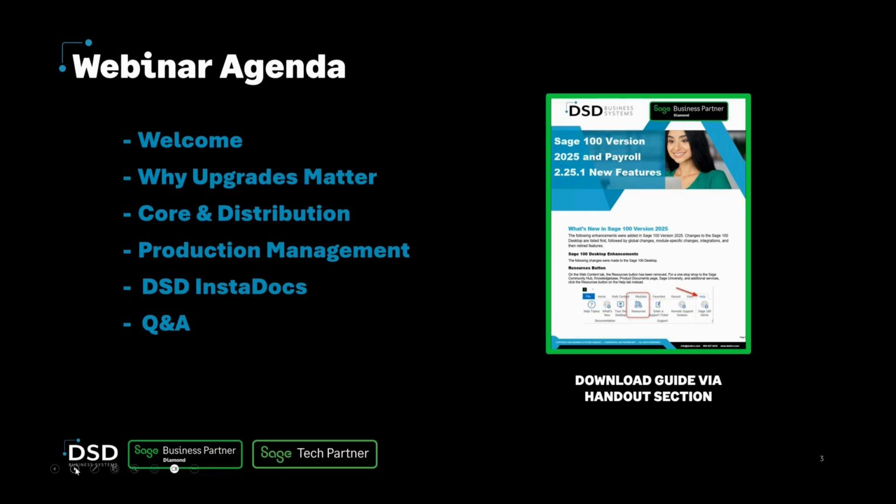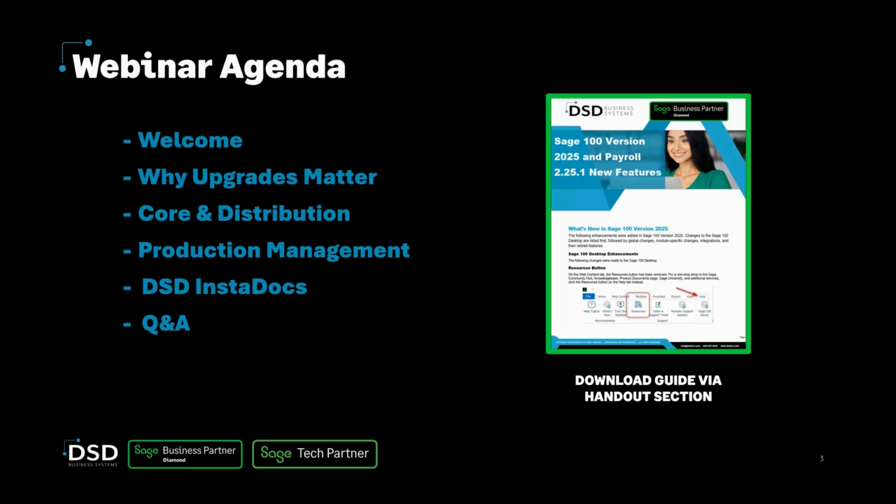In addition to our live resources here, we have the Sage 100 version 2025 highlights, if you will. This has been compiled by our team to feature the really big things, because we're not able to cover everything in this single hour. The marketing team did email this out yesterday, so hopefully you've had a little time to review it and maybe you've come with some questions as a result.